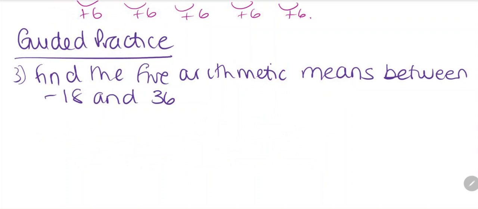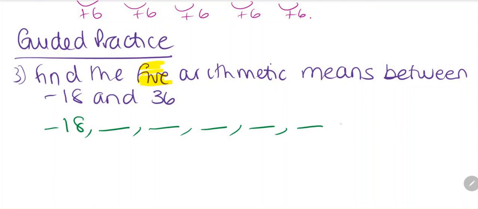Okay, so guided practice. Number 3, find the 5 arithmetic means between minus 18 and 36. So the key here, it says 5. So this means that we have minus 18, but we have 1, 2, 3, 4, 5 terms that we don't know, and the last term is 36.